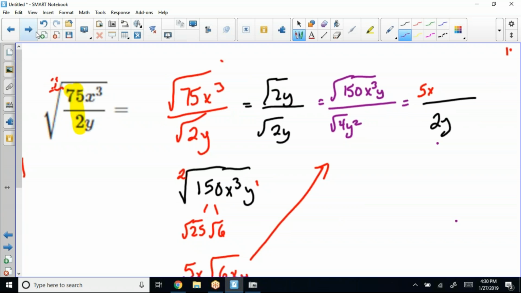Okay, guys, I don't know why it's moving. I can't figure out why it's moving like that. Square root of 6xy, and I can't simplify anything right here, so I'm done.